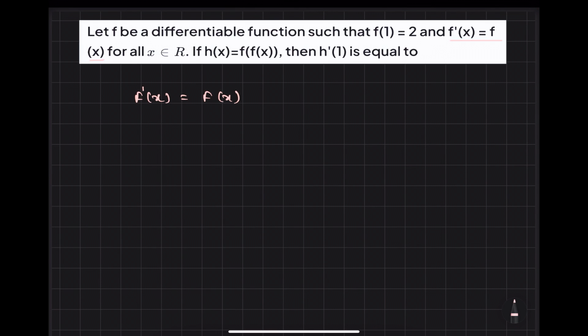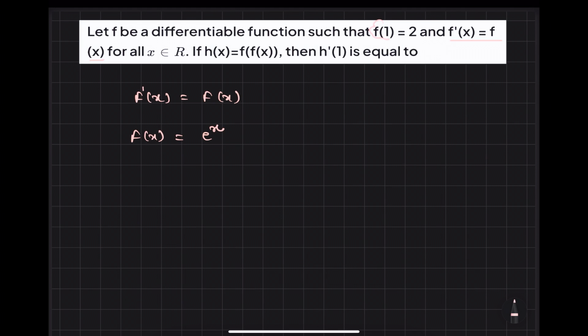Do you know any function whose differentiation is the same as the function? Exactly, it is e power x. So suppose that we have f of x as e power x, so don't you think that its differentiation will remain the same?